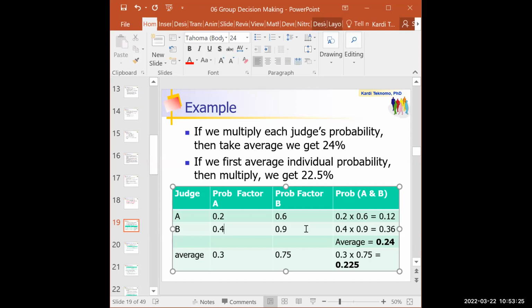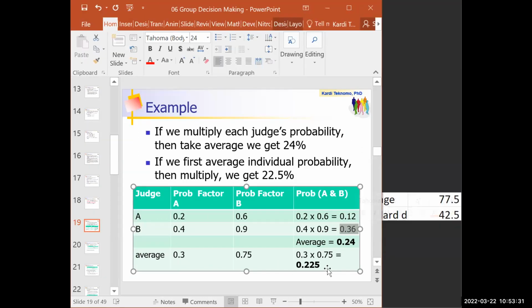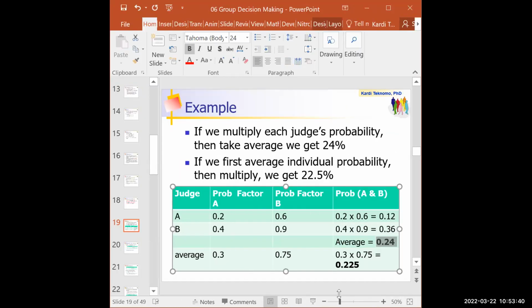Factor B is more important, so 90%. If you multiply, you get 0.36. So if you average these two, it becomes 0.24, right? So if we multiply the probabilities and then take the average, we get 24%.